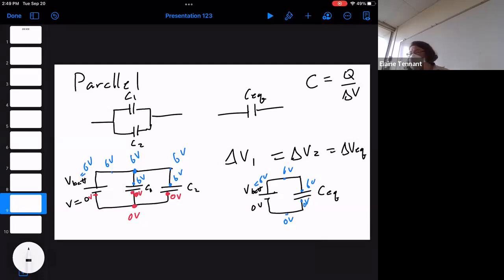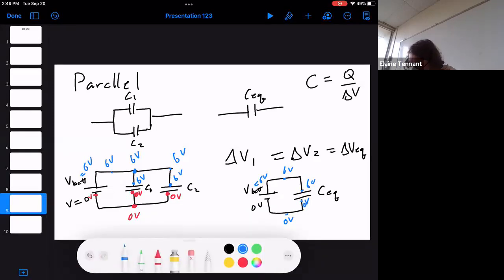The other thing I can say is about charge, and this one's a little weirder, where I had charges going through and they were collecting on these plates. Now, they were collecting separately on the plates, whatever collected on 1 did not collect on 2. But for this guy over here to be equivalent, the charge that collected on 1 plus the charge that collected on 2 has to be the total amount of charge that collected on this equivalent.